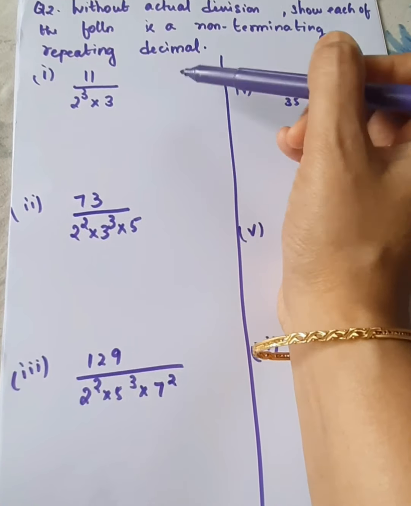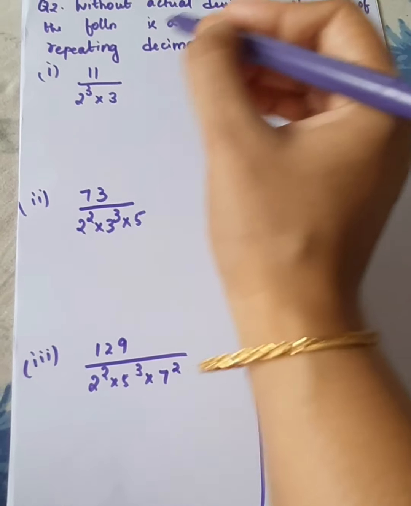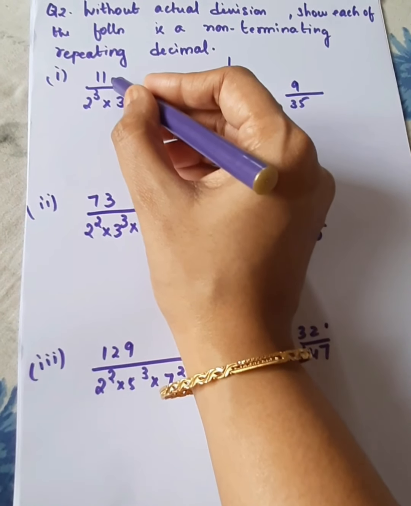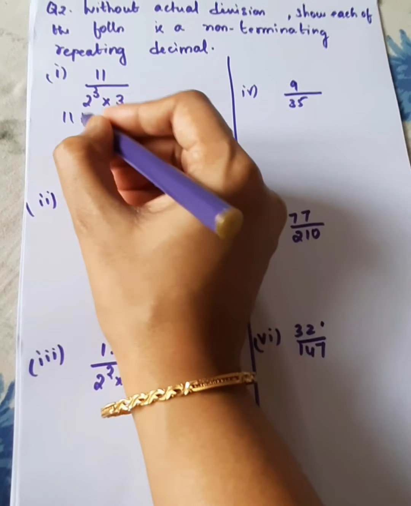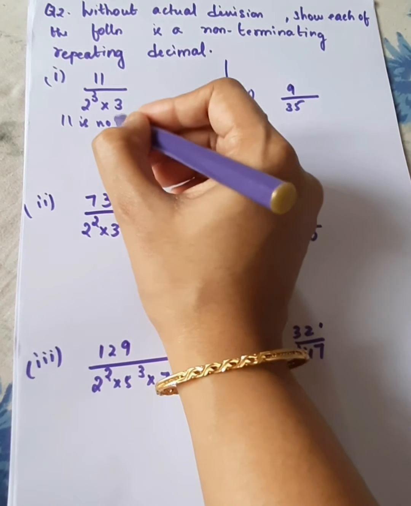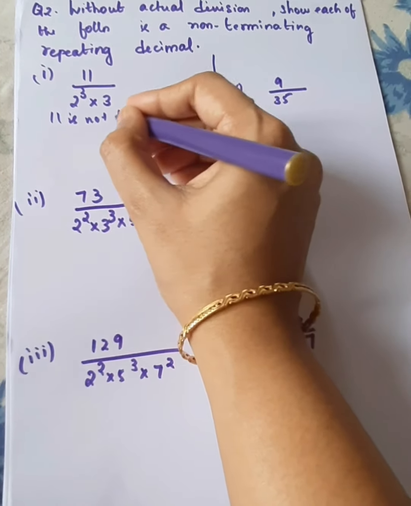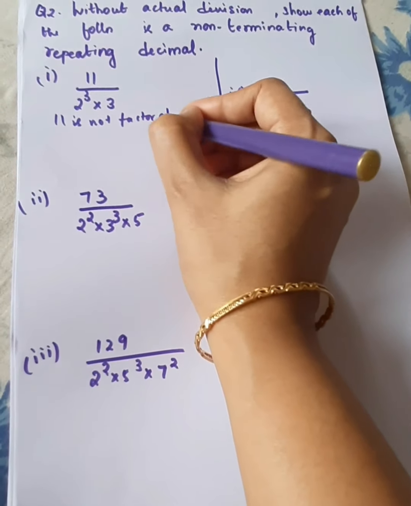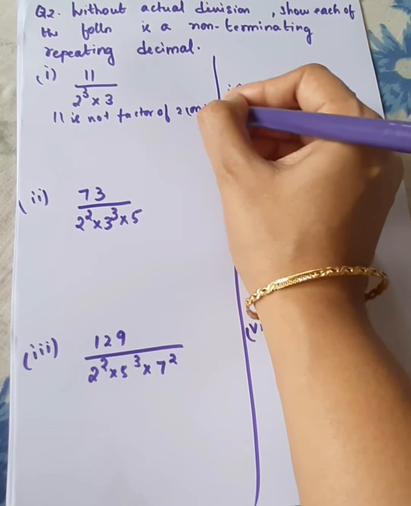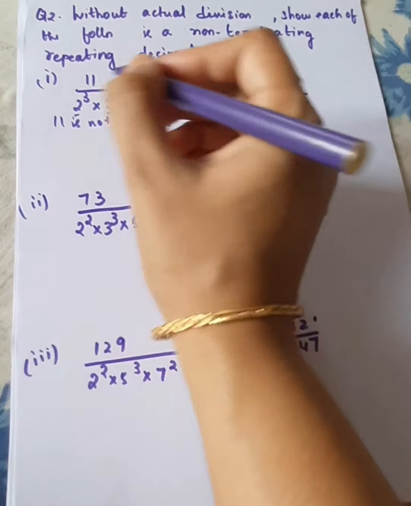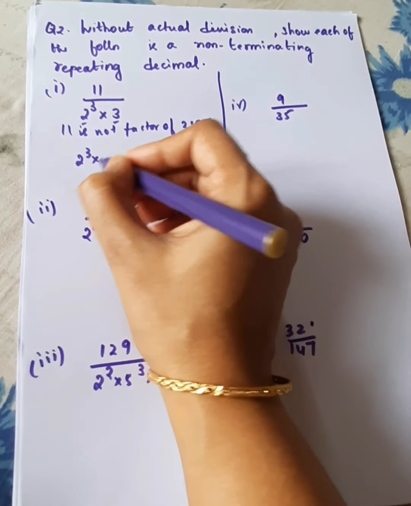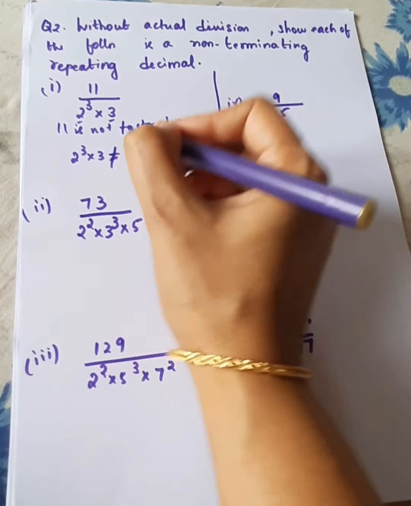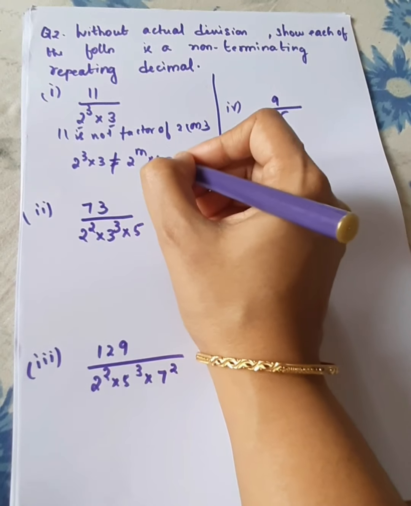Next question: without actual division, show each is a non-terminating repeating decimal. 11 is not a factor of 2 and 3, but 2 to the power of 3 into 3 is actually not of the form 2 to the power of m into 5 to the power of n.